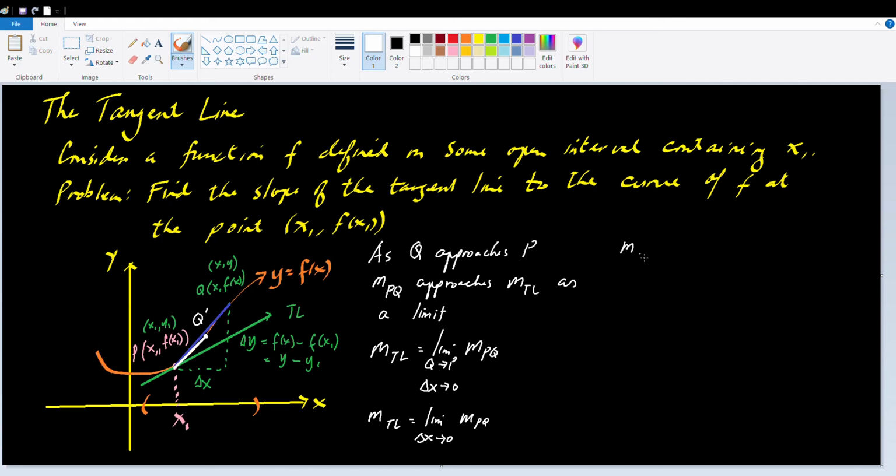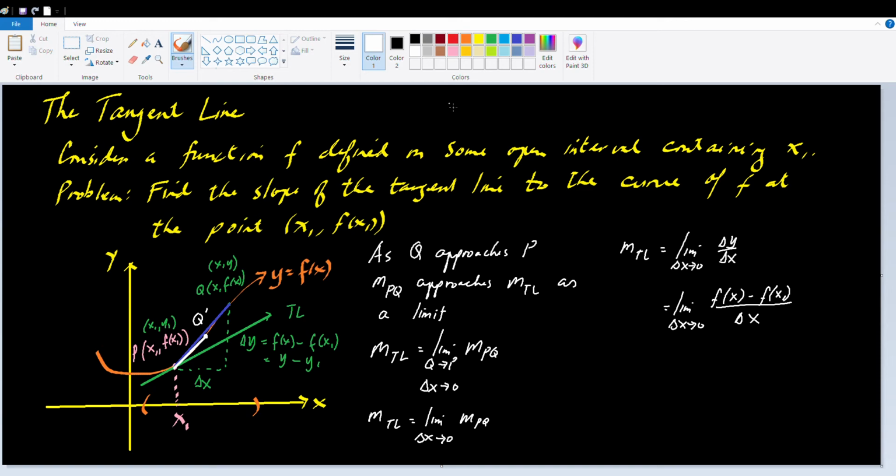And we know that the slope of the secant line PQ is equal to delta y over delta x, so the limit as delta x approaches 0 is equivalent to the limit of f of x minus f of x1 all over delta x as delta x approaches 0.